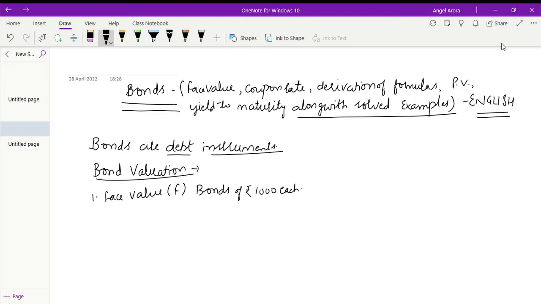Like the second term is coupon rate, which is denoted by letter R. So the issuer of the bond or borrower promises a certain rate of interest to the lender.